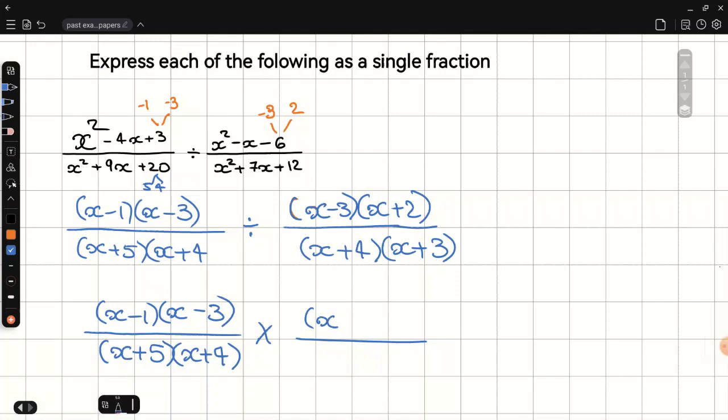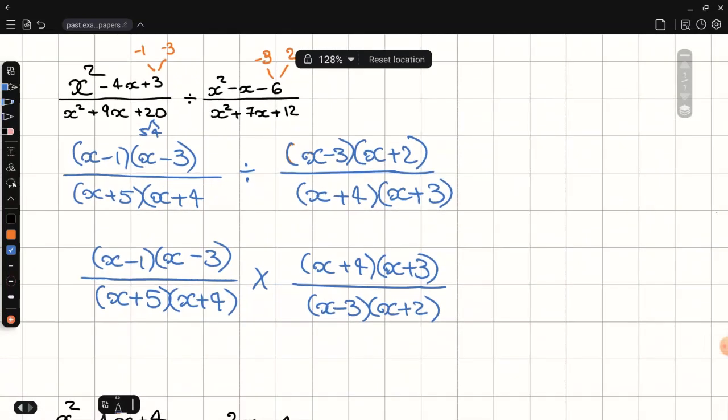So then I will have x plus 4, x plus 3 as the numerator, and x minus 3 and x plus 2 will be the denominator of this fraction.